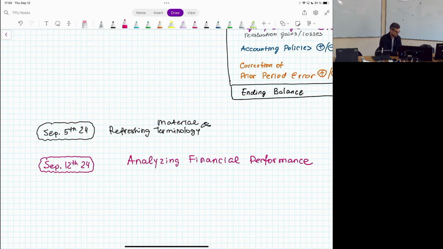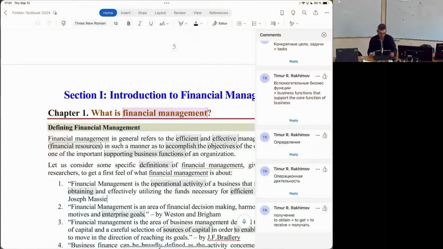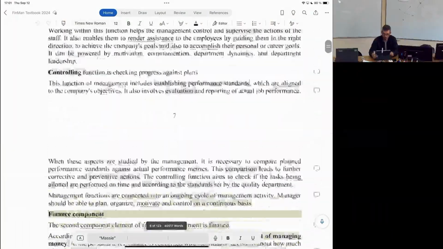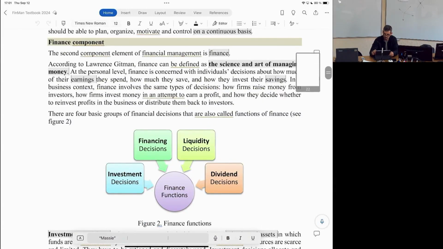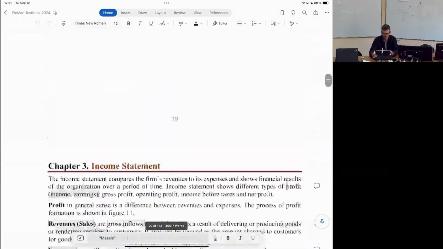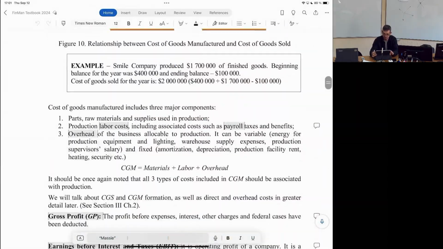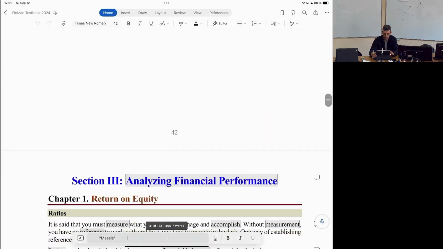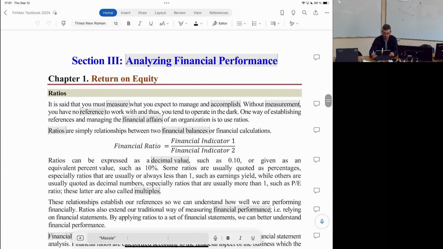By the way, let me see if I have it here. If we go to our textbook, and we drop all the way down to section number 2, which is Analyzing Financial Performance, we see that this section consists of the following chapters.